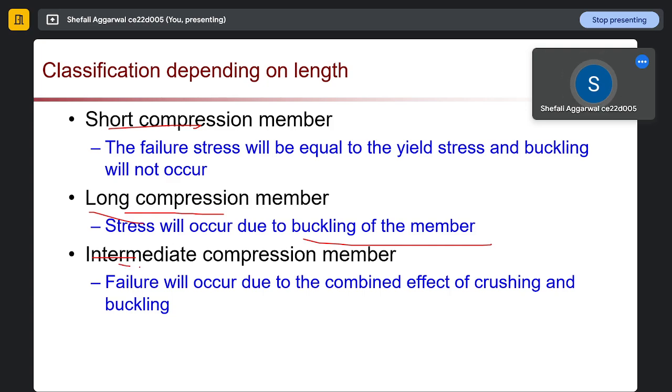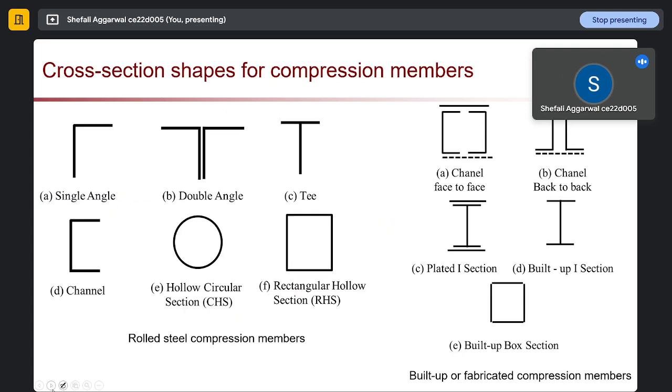And in an intermediate compression member, failure occurs because of the effect of both crushing as well as buckling. Okay, this is very simple. Next, we classify compression members based on their shapes. First is angle type.